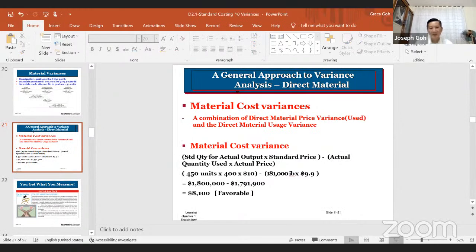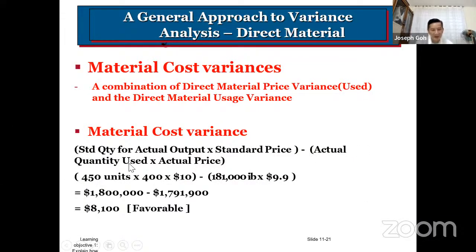Minus the actual quantity used times actual price. So it's very easy. It's the standard quantity for actual production times standard price, that means it's the standard minus actual. Simple as that for the production.